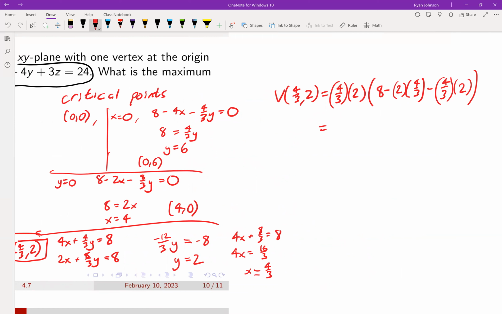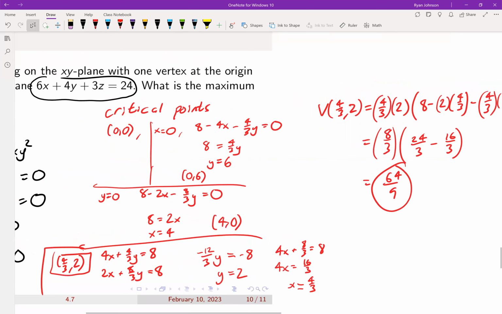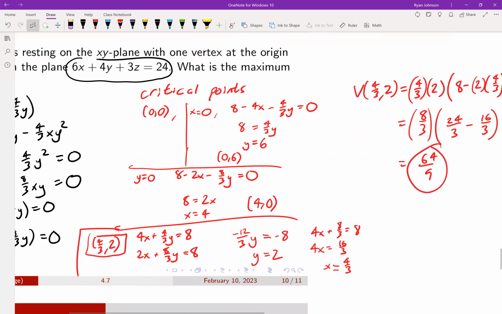So that's 8/3 times 8 minus 8/3 minus 8/3, so 8 is 24/3 minus 16/3. Plus another 8/3, so I get 64/9. And that's the maximum volume of the box, which needs to fit underneath that plane.